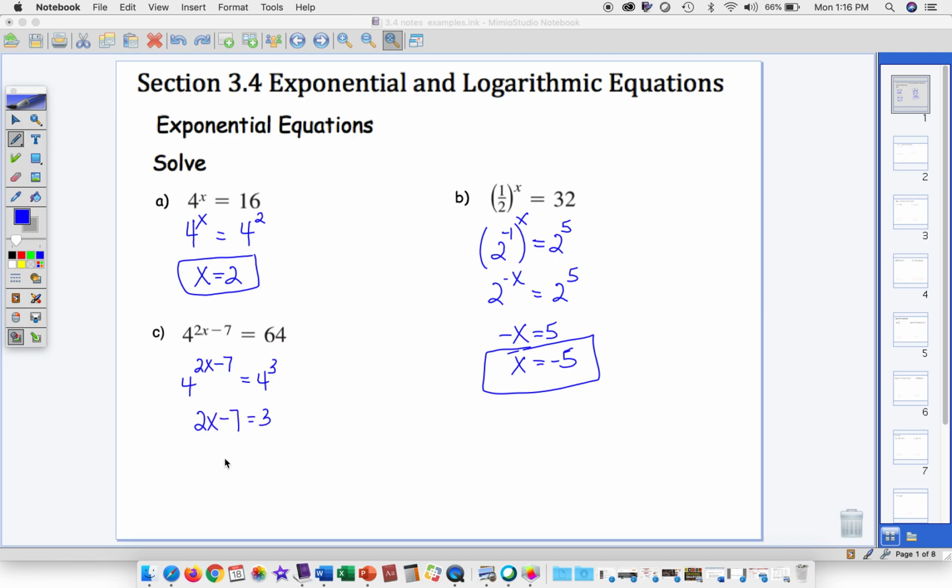So I'm adding 7, dividing by 2, and I get x is equal to 5. And remember, you can check these like any other algebraic equation, just by plugging back into x and making sure you get the same result.